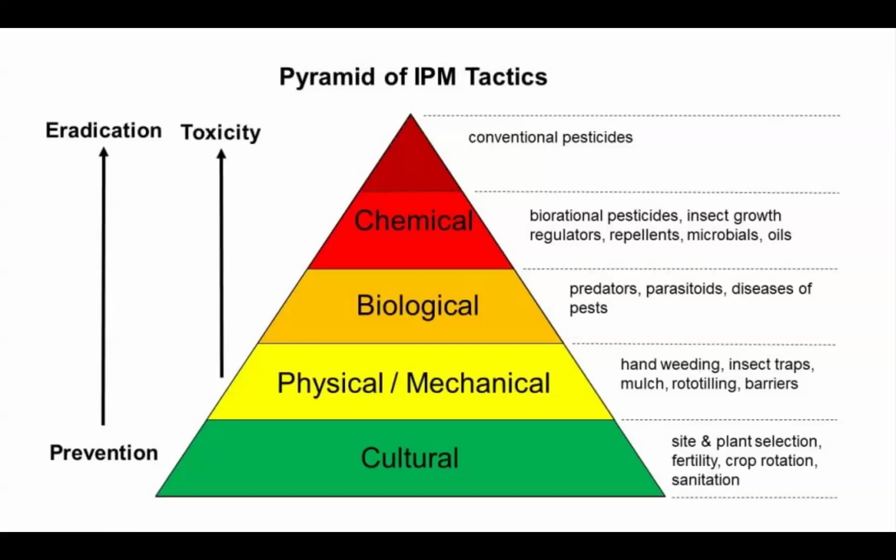So let's talk a little bit about what those tactics are. With our cultural tactics, these are going to be things that involve what plants we are putting in our garden and where we are putting them. And so we'll talk more about this, but grasshoppers tend to hone in on specific plants, especially after they hatch from their eggs and are in their early nymphal stage.